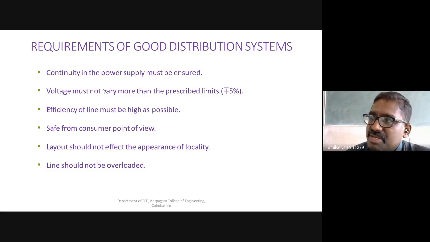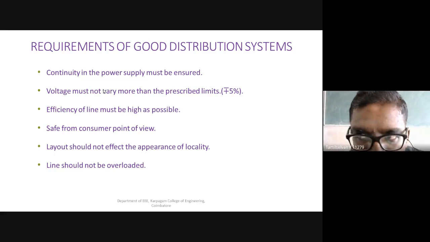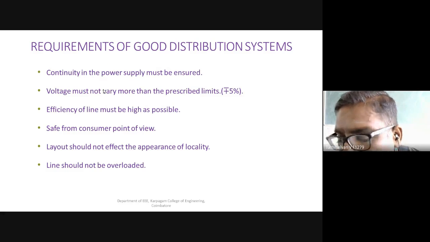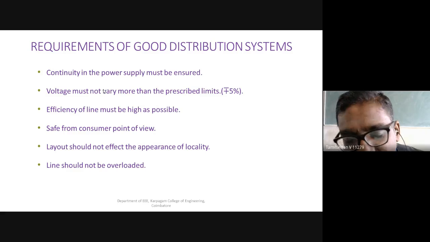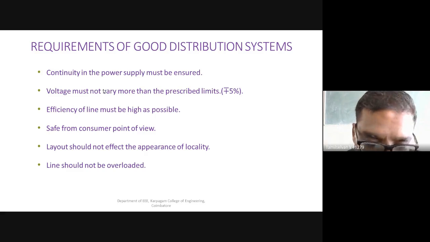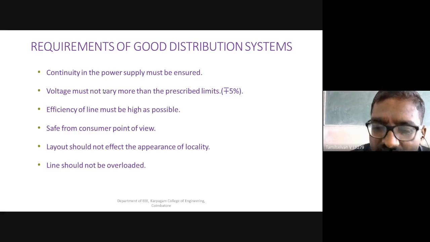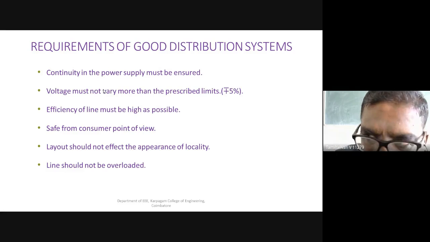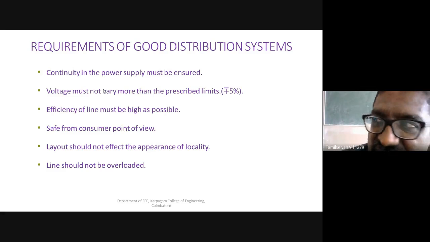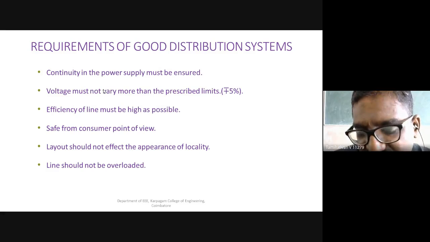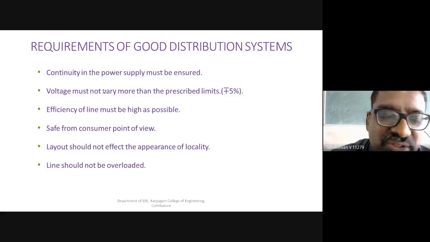The layout should not affect the appearance of our locality or area. That is why in metropolitan cities, where an overhead system is not going to be possible, we go for an underground system, which is easier for laying and for distribution. In densely populated areas, overhead lines will have more interference with your system, the communication interference will be more, and frequent faults may occur.